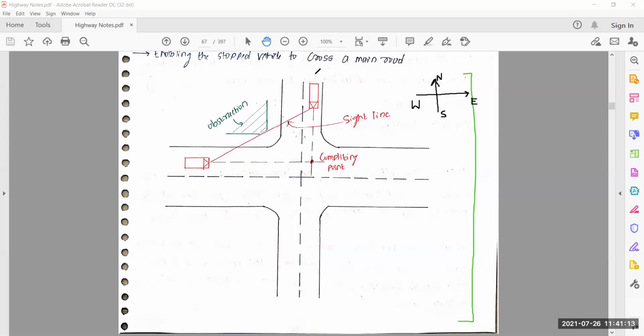If you observe the width, the road moving from west to east is wider than the road moving from north to south. So the first point to keep in mind is that the width of this road is more than the width of this road. Yes or no?